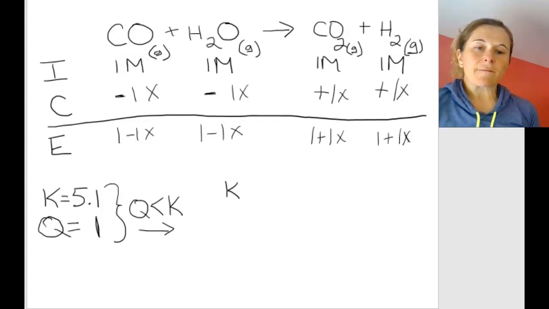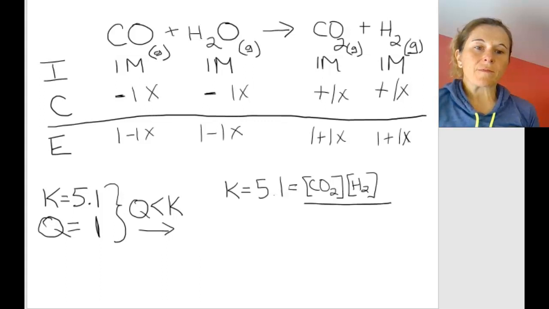Our K, which equals 5.1, is going to be equal to the concentration of carbon dioxide times the concentration of H2 divided by the concentration of carbon monoxide times the concentration of water. And we can include all of them because they are all gases.